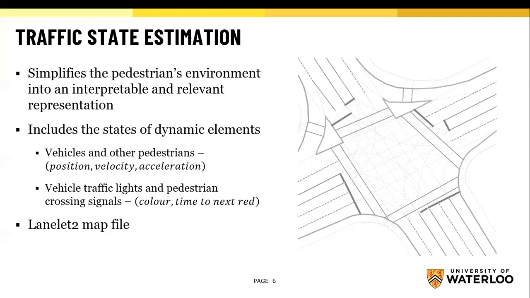And the last part of this traffic state estimation is the Lanelet2 map file, which we see on the right-hand side here. Lanelet2 is a helpful library to help define the structure of the underlying map, and also provides helpful functions for the agents, both vehicles and pedestrians, to navigate through the traffic environment.